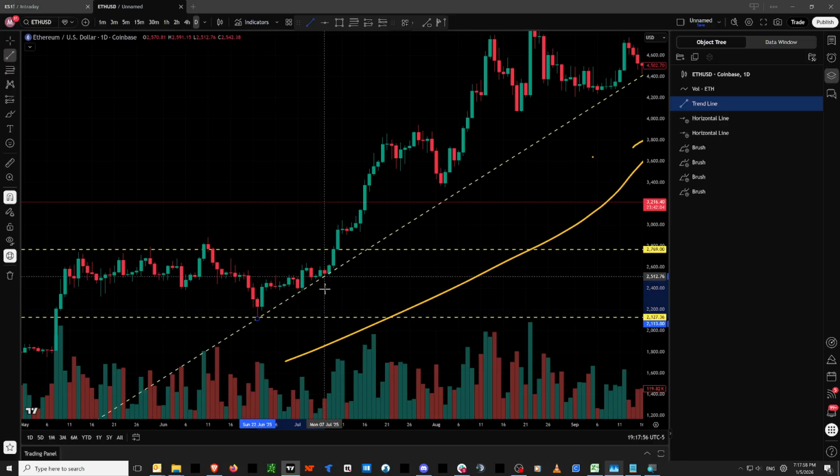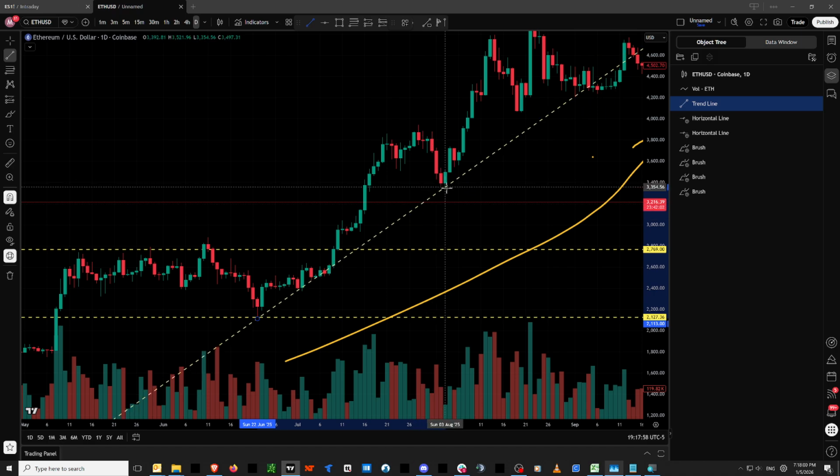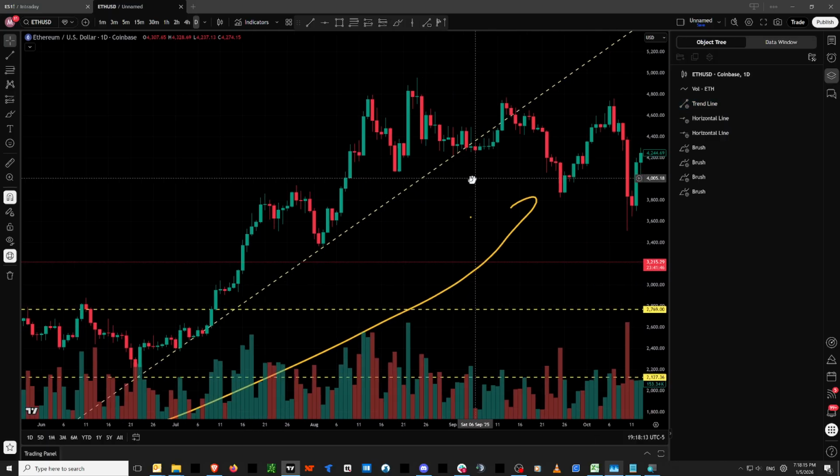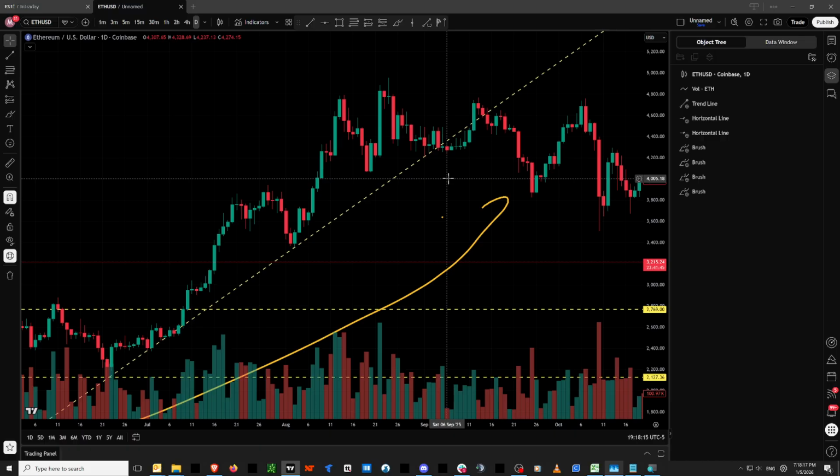So I'm going to mark that, and then I'm going to mark here. So now I have a diagonal. Now if you're listening to Jeremy, he calls that angular resistance. Same thing, diagonal or trend line. So a trend line and angular resistance, same thing.